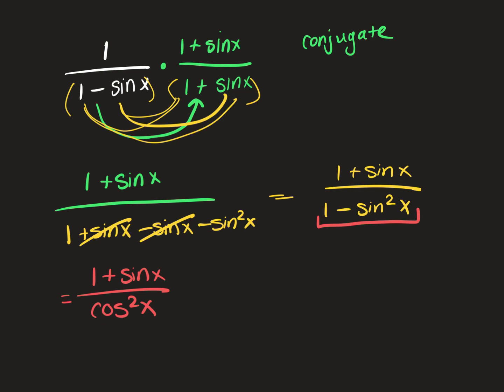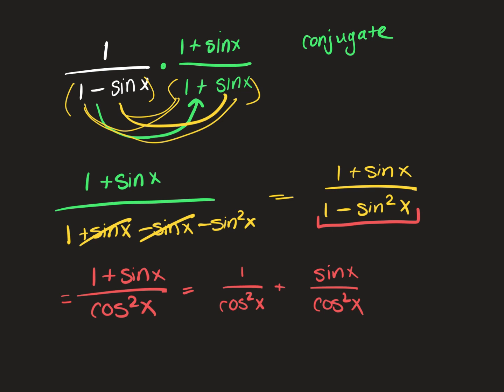All right, so now we still have a fraction. I'm going to split this up into 2 fractions now. So I'm going to have 1 over cosine squared plus sine over cosine squared. How'd you get that? I just undid the addition of the fraction.